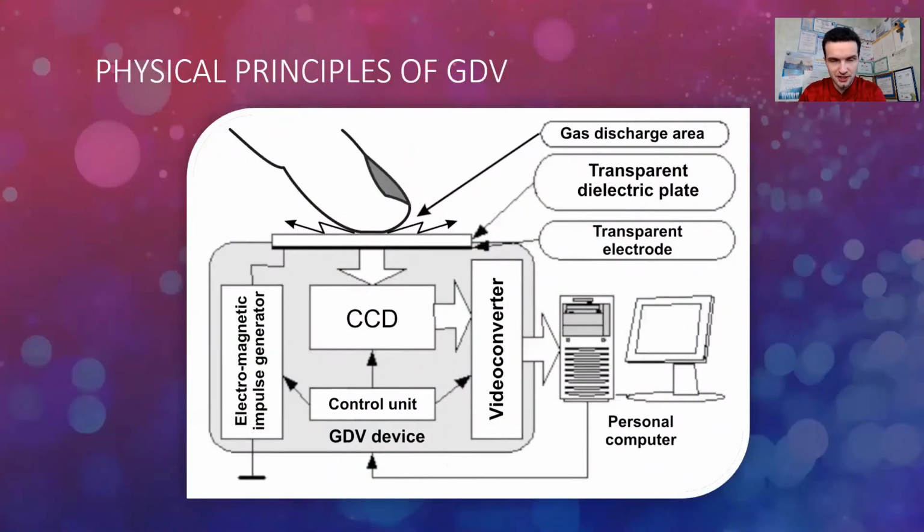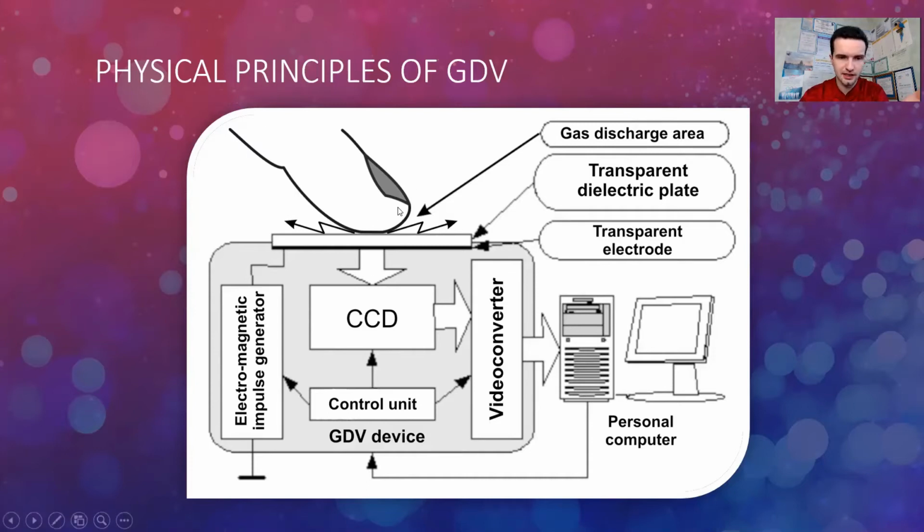Let's try to talk about each step in more detail. So this is the principal scheme of the GDV device. You can see here the object.